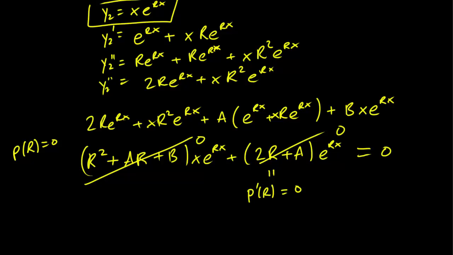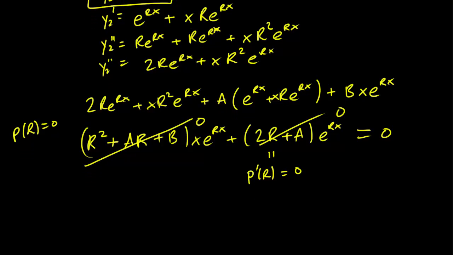Observe this little symmetry here. Algebraically, P(r) equals r squared plus a r plus b. Taking the derivative of this P(r), we have a 2 that comes down here.